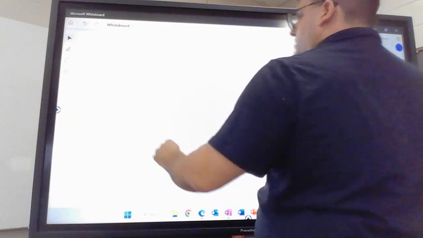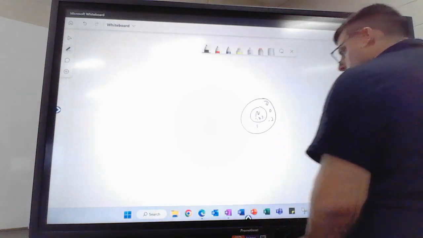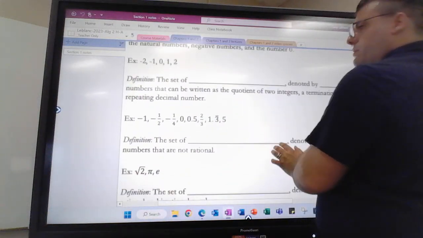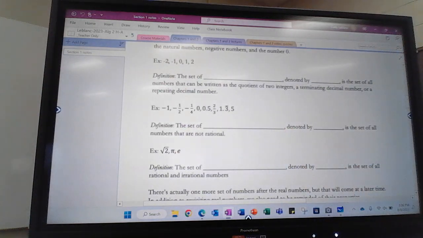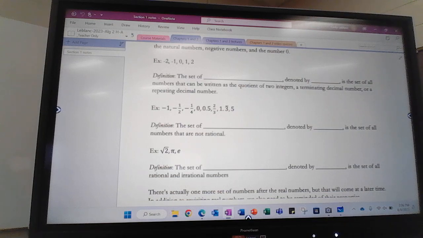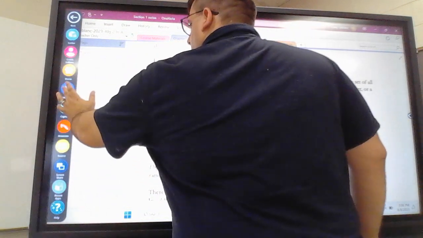Let me zoom out just a tad here. Okay. Then we can go even further beyond whole numbers and get into decimals and fractions. Okay, we go into this next definition here.